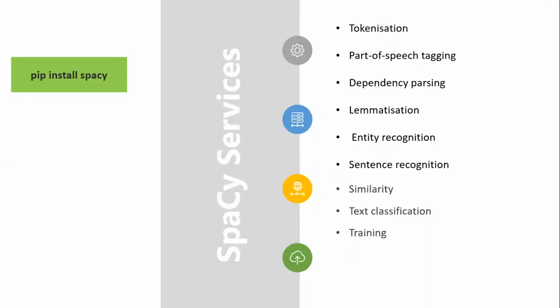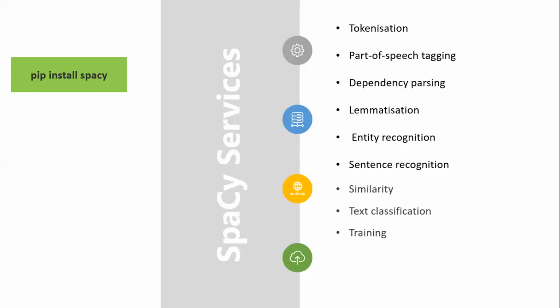Let's have a look at some of its features. Tokenization. Tokenization is segmenting text into words, punctuation marks, full stops, etc. Parts of speech tagging. It is assigning word types to tokens, like a verb or a noun. Dependency parsing.